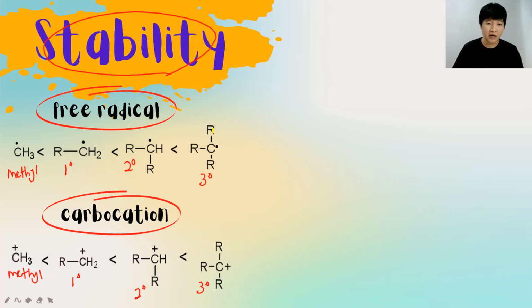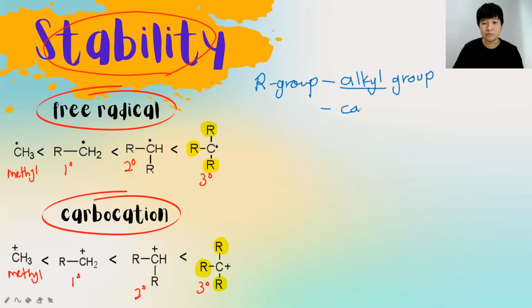Before the stability, I want you to focus on this R group. What do you know about this R group? The R group over here is actually your alkyl group. What is an alkyl group? An alkyl group is actually your carbon group.